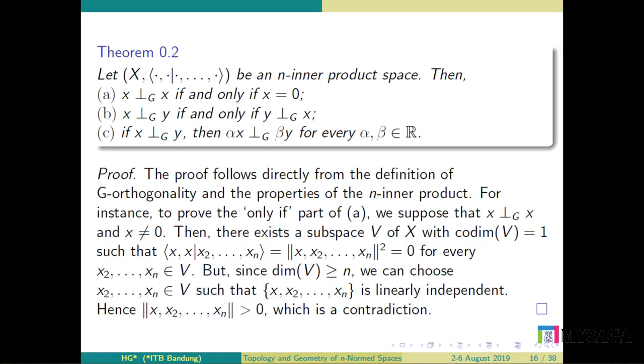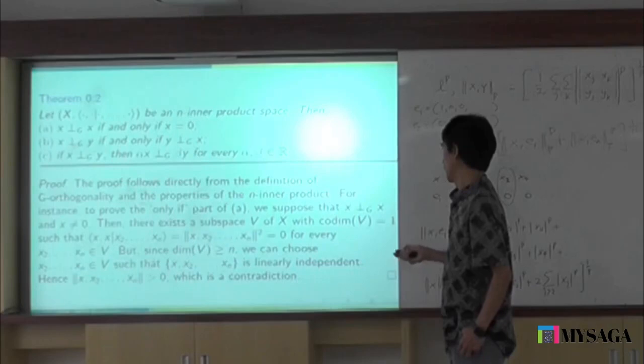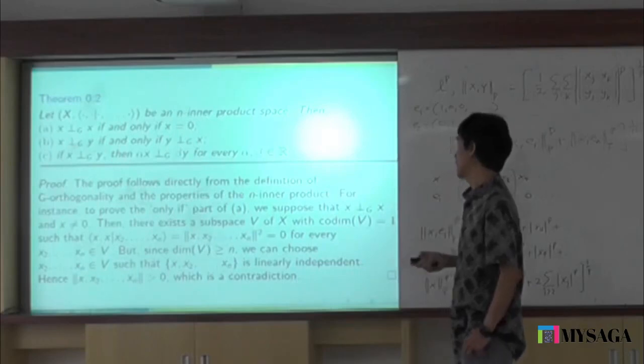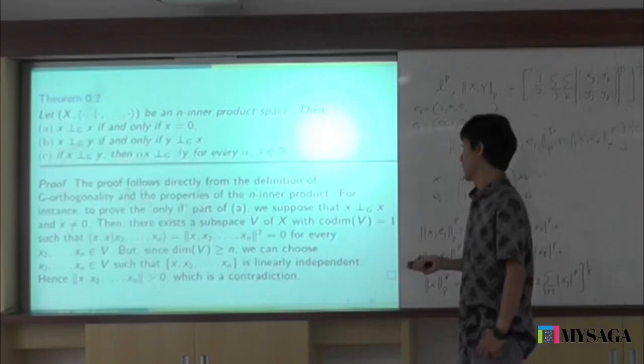Then there exists a subspace V of x with codimension 1, such that, here x and y are the same, so we compute the n inner product of x and then x2 up to xn, and that is the n norm of x2 up to xn squared, and that thing is equal to 0 for every x2 up to xn in V.